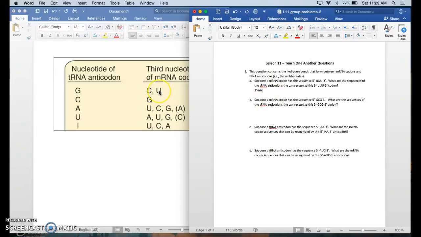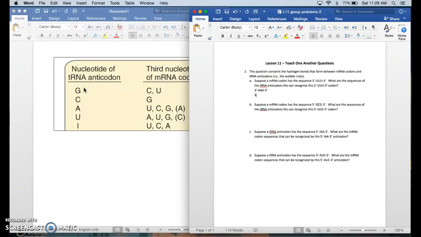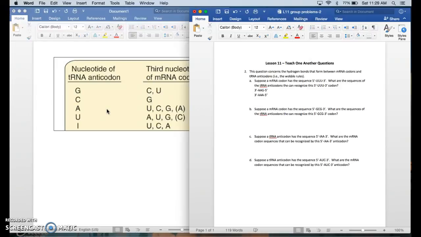The first one would end with G, so that's one of the answers. The second one, again, the first nucleotides match up, so AA, and the second U is found at the A spot, so that's the second answer. For our third answer, I hope you can see a pattern now: the first two, AA, and then we find another place right here where the U is, so we can also have a U, 5'.